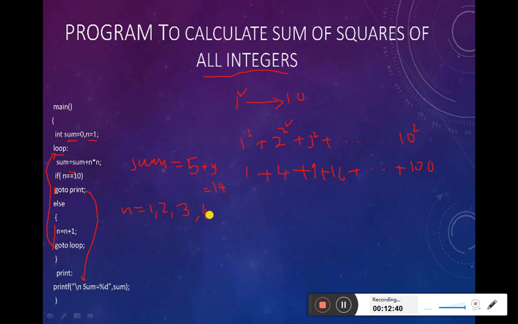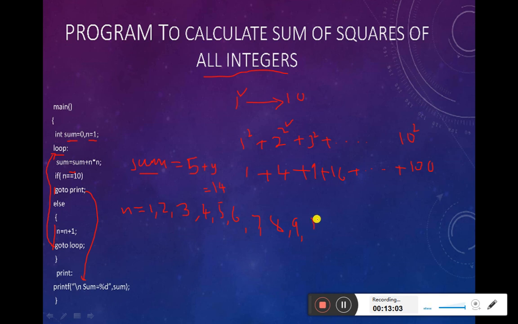So next we add 16 to sum, next n becomes 5, we add 25 to sum, next n becomes 6. So goto loop, add the square of 6, 36, to the previous sum, then 7, then 8, then 9.